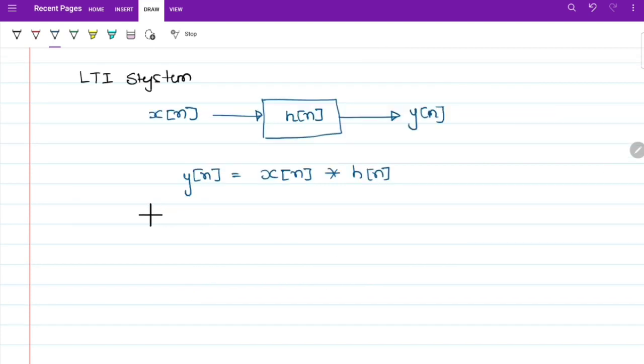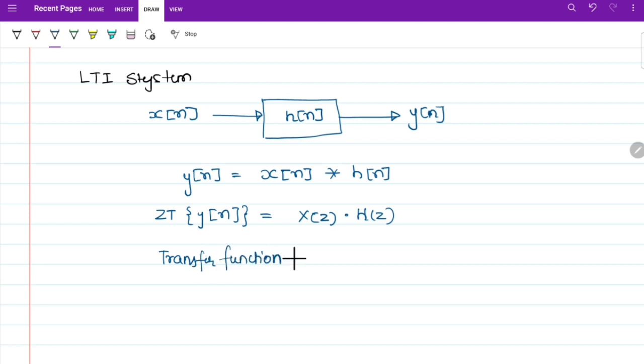Okay, if we find z transformation of y of n, then it should be x of z into h of z, or we can write transfer function h of z is equal to y of z divided by x of z. Okay, at all initial condition is equal to 0.